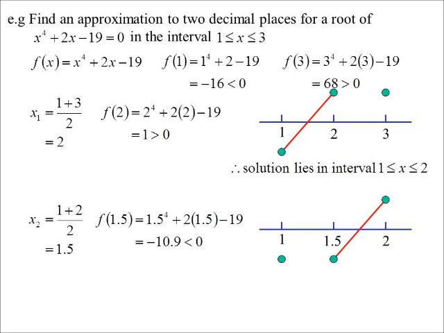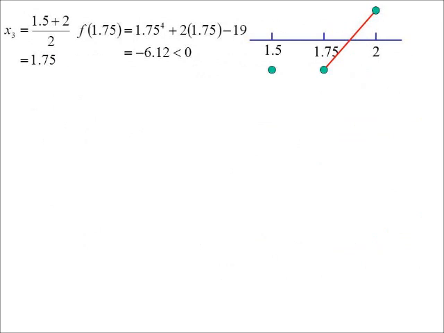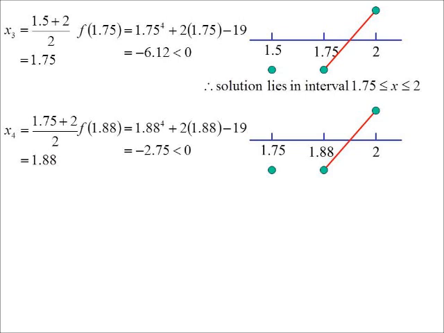All right, it's not the answer, but now I know that the solution must be between 1.5 and 2, because 1.5 is negative, 2 is positive. I can trap it again. So I'll do it again. 1.75. Oh, that's negative. Try again. 1.88.